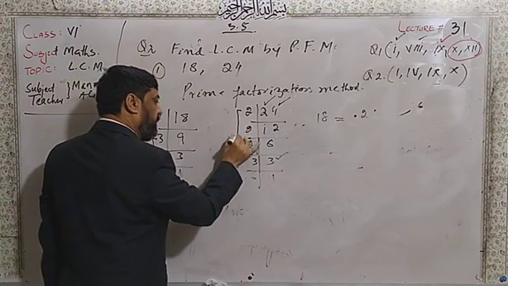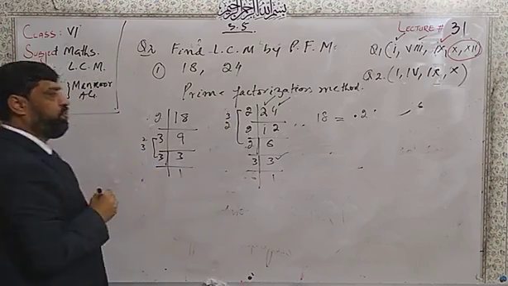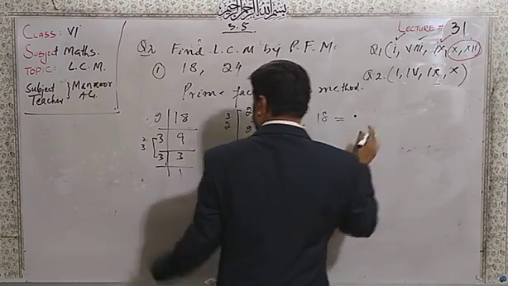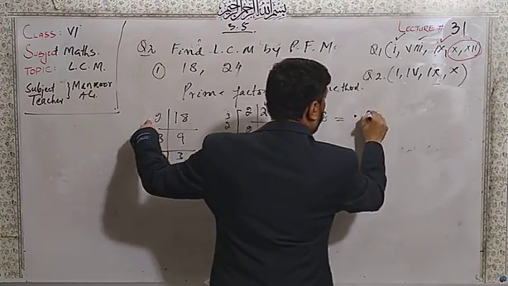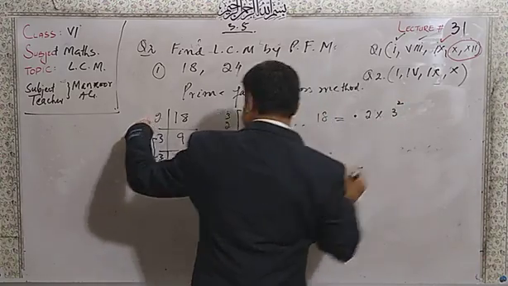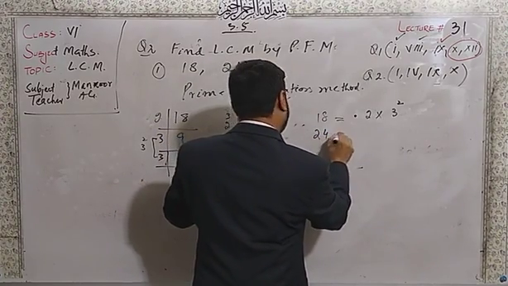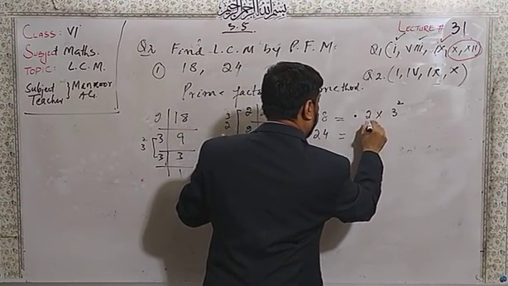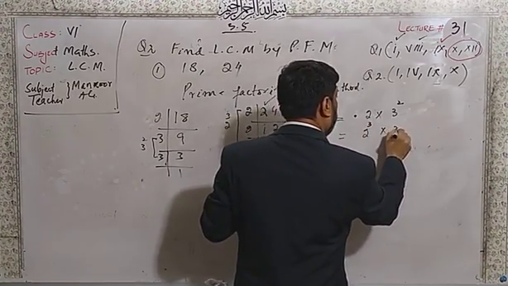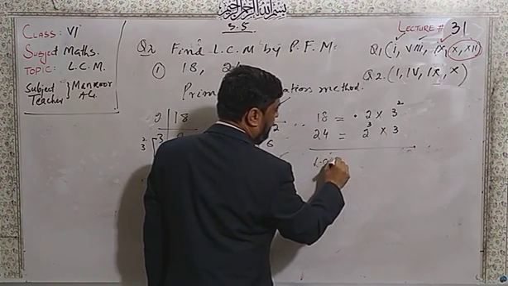And 24 is equal to 2 power 3 multiplied by 3. Then I write the LCM directly.